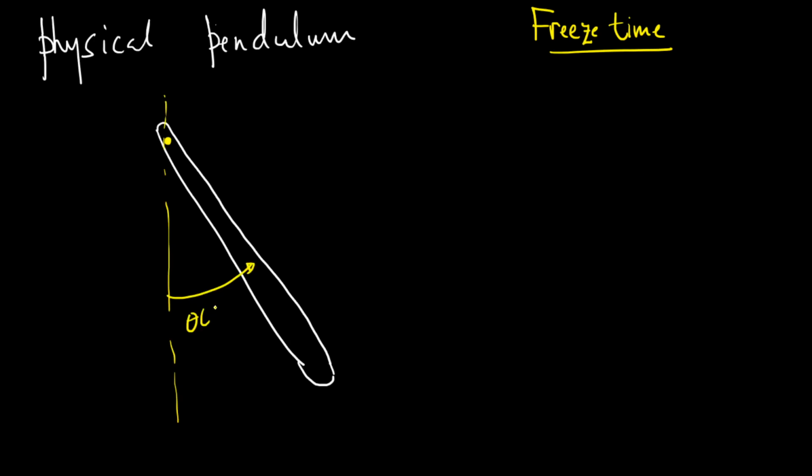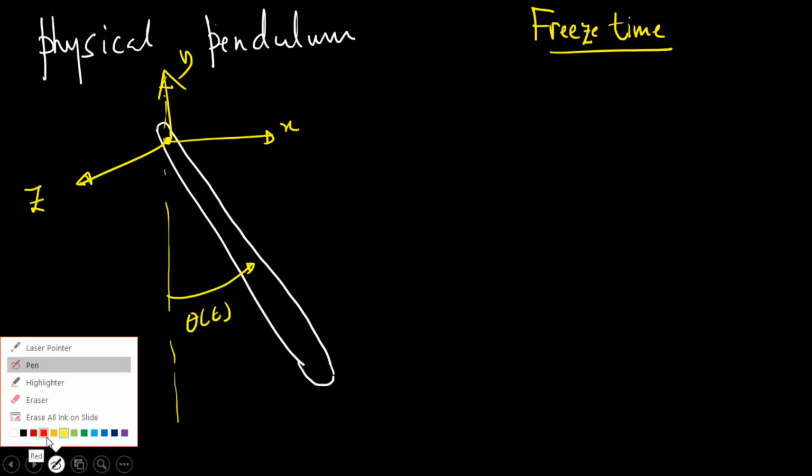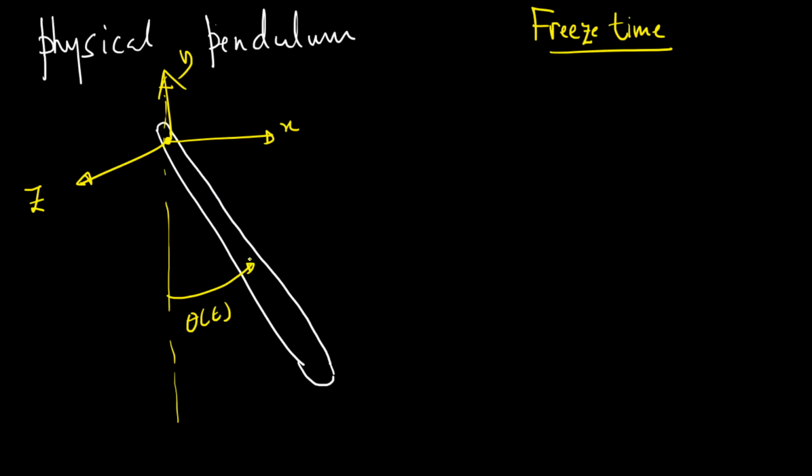Theta is a function of time, frozen there, and then we know the origin, we know the axis, and so on.